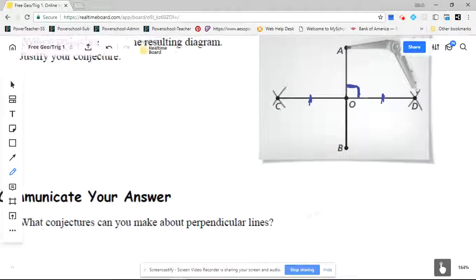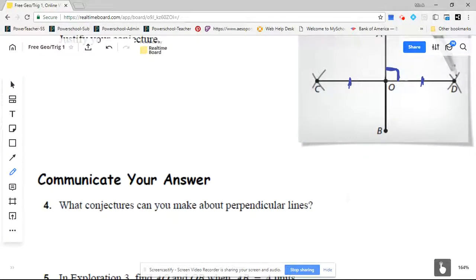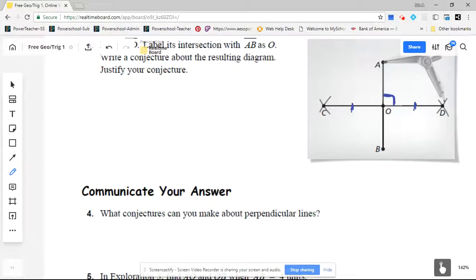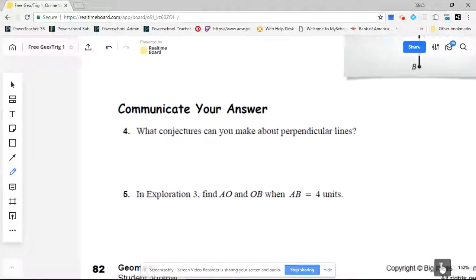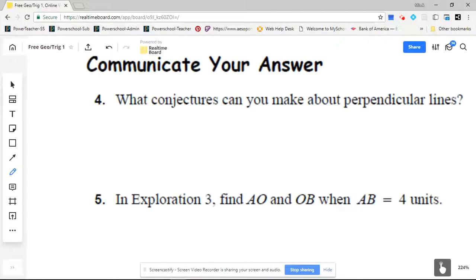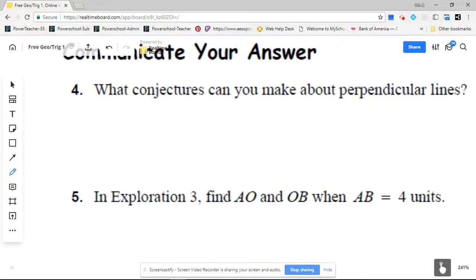The communicate is asking us what can we say to be true about perpendicular lines? What kind of things do we know to be true? What would be our guess about perpendicular lines? Well, one guess I would say is that they make right angles.